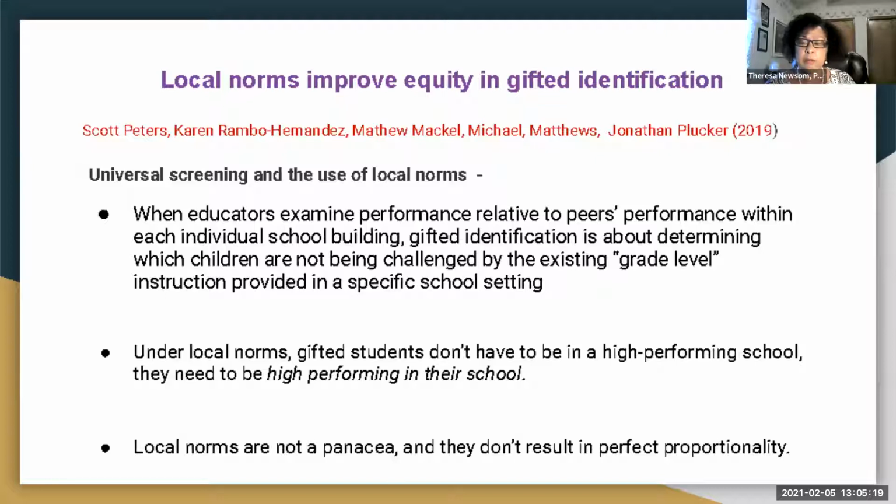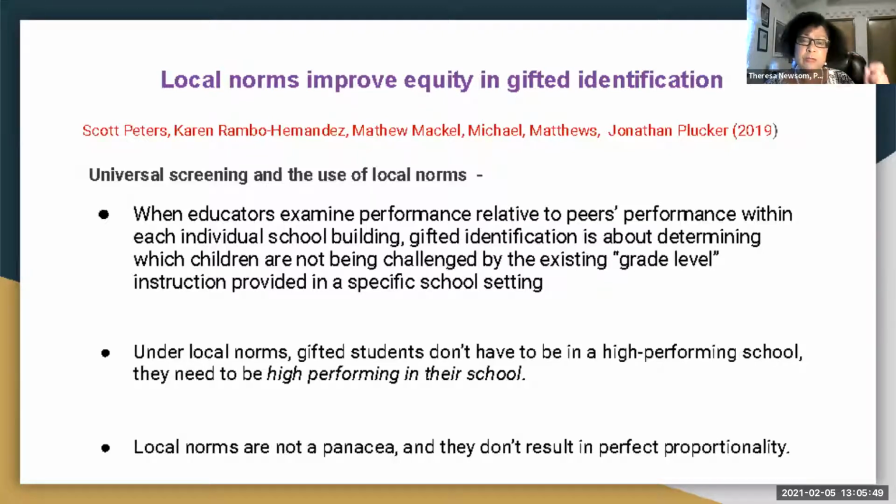And so that may look a little different in another building. But if we're looking for the students in our particular school building, we're looking for the highest amongst that group of students. That's the beautiful thing about local norms, is that we're not comparing from one school to another school or our school district to a new school district. We are looking at the highest performing students in our own building.